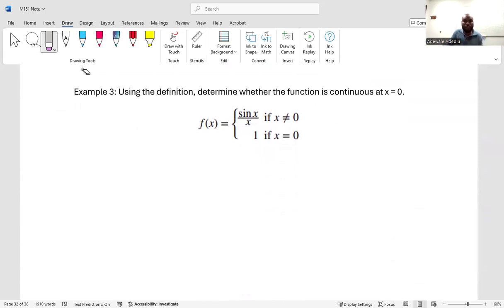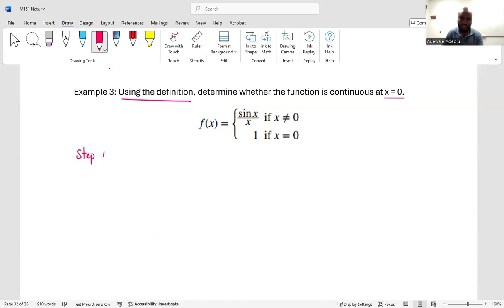Another example. Using the definition, you know what we mean by definition? That is our 3 conditions. Determine whether the function is continuous at x equals 0. Remember, step 1 from the definition.